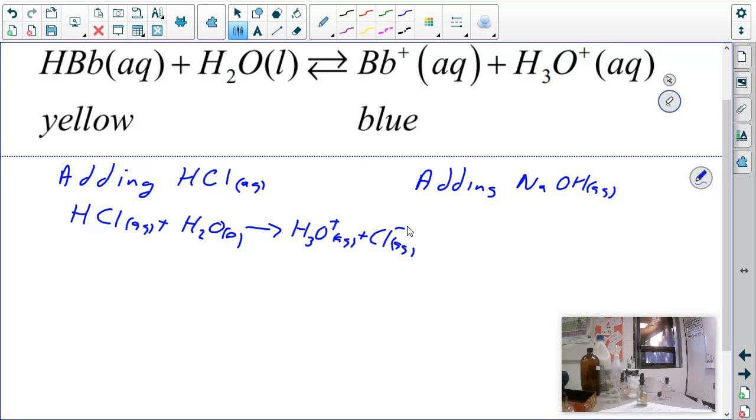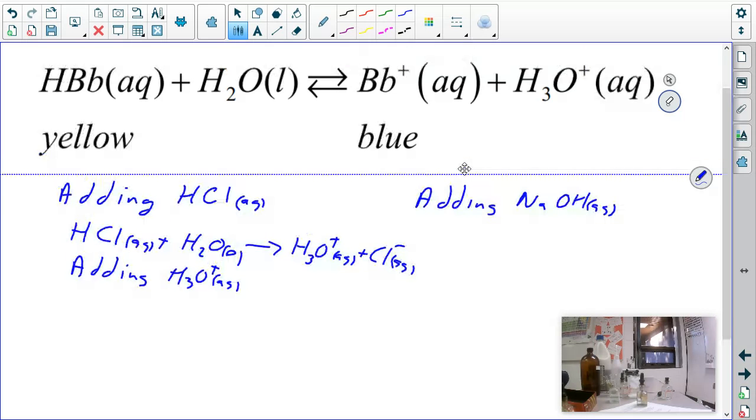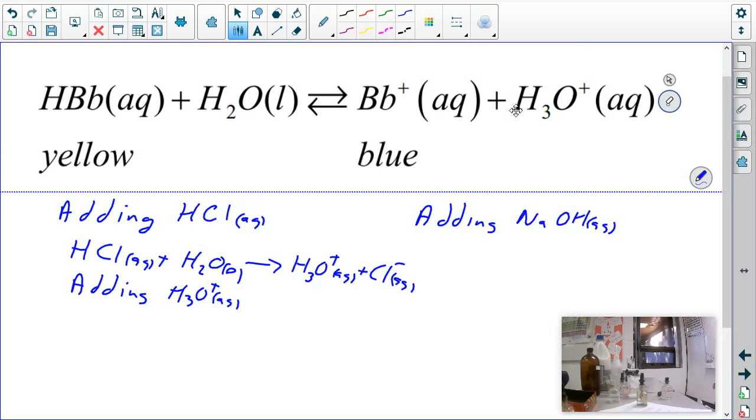So what we're actually doing when we're adding the HCl to the water is we're adding the hydronium ions. Okay. So by adding the HCl, we're adding more. We are adding more products.